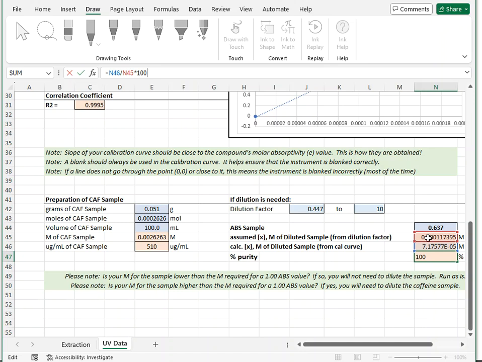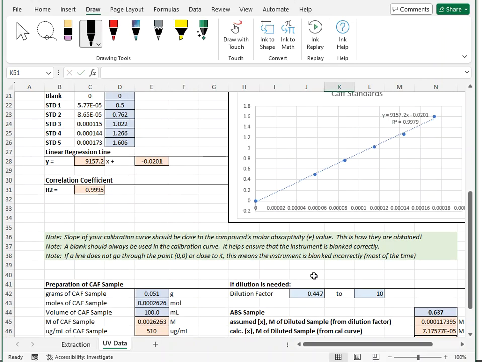So they're taking that value after it's been corrected and back diluted, and they're saying, all right, did that get close to 0.002? Well, no. I got a 0.00011. Okay, well, that seems kind of off. So they've taken these two values, divided them, multiplied by 100 to get a percent purity. That's what we're after. Okay?